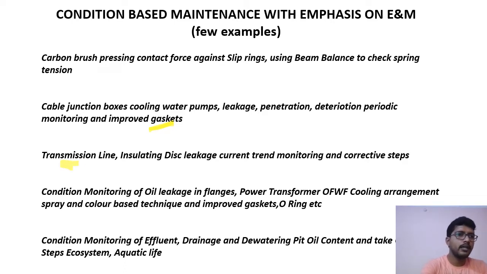Then the transmission line insulating leakage current. Transmission line, what happens? I'll come to that. Leakage current trend monitoring is very essential. If the leakage current continually increases with time, for certain ambient conditions and weather, if the leakage current comparatively is increasing, then definitely we need to work on the insulation.